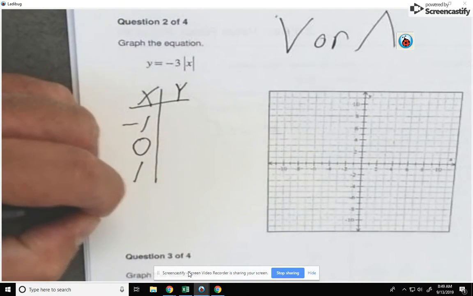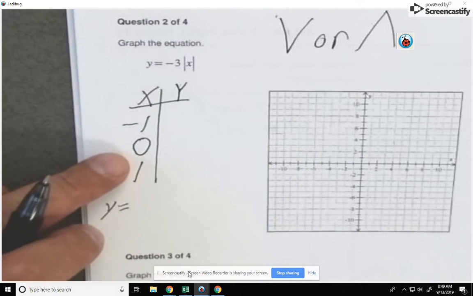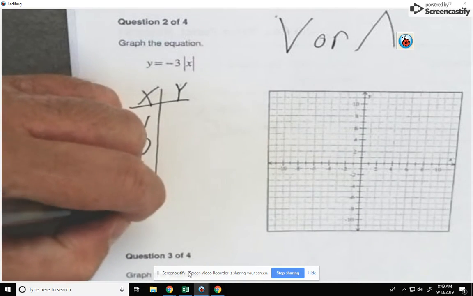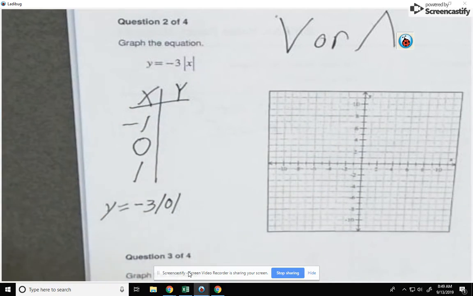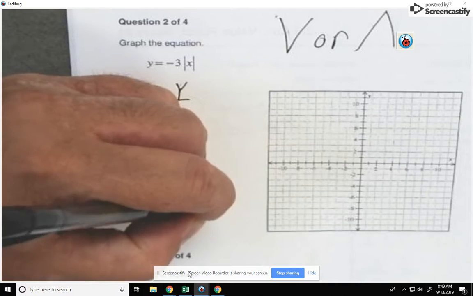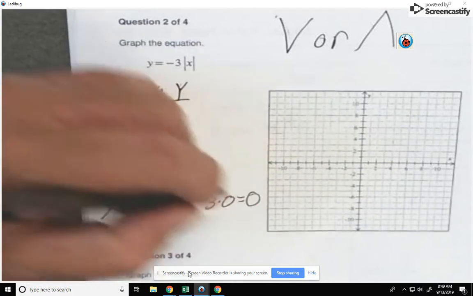To get our y's, we simply plug in our points. If we plug in 0, we'd get -3 times the absolute value of 0, which is -3 times 0, which is 0.